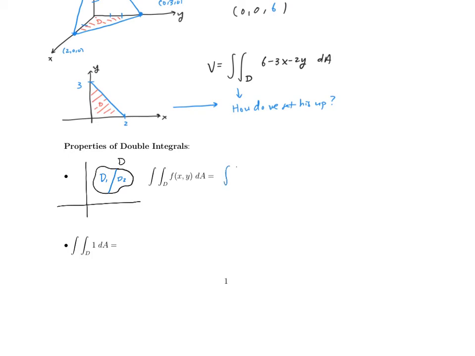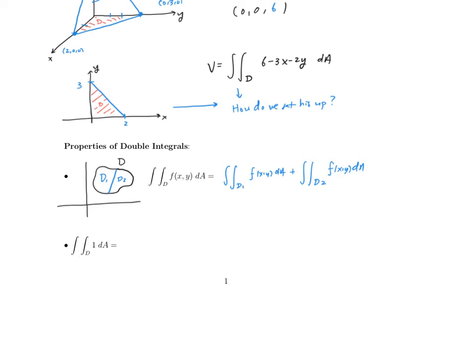And we can rewrite this as the integral over D1 of a function plus the double integral over the region D2. So we're just, in a sense, splitting up how we are determining this enclosed or net difference of volumes.